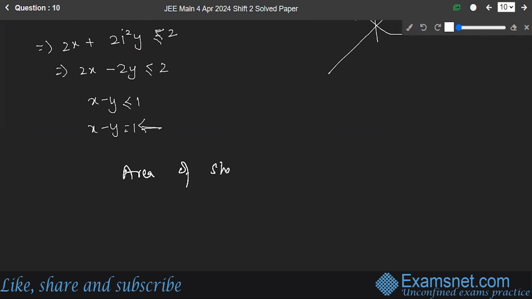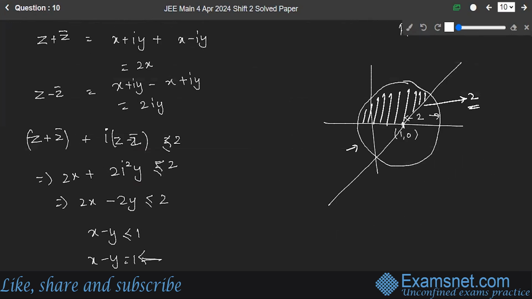of the shaded portion. This is what? Area of semicircle minus the area which is bounded by this. Like, this is what angle it's making. This is having length 2, right? And the equation is given by this.